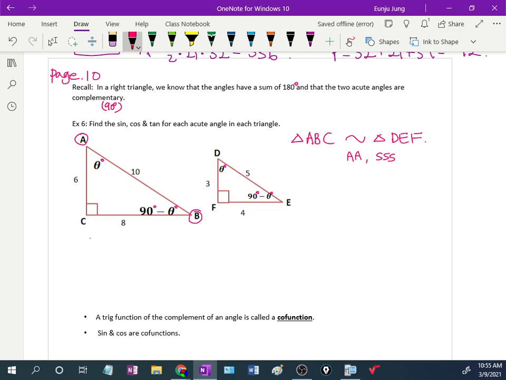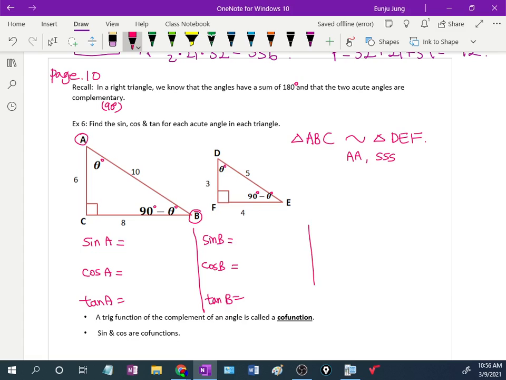So let's go with sine A. What is sine A? What is cosine A? What is tangent A? That's the question. Find sine, cosine, tangent for each acute angle. Angle A here, and then angle B. What is sine B? What is cosine B? What is tangent B?